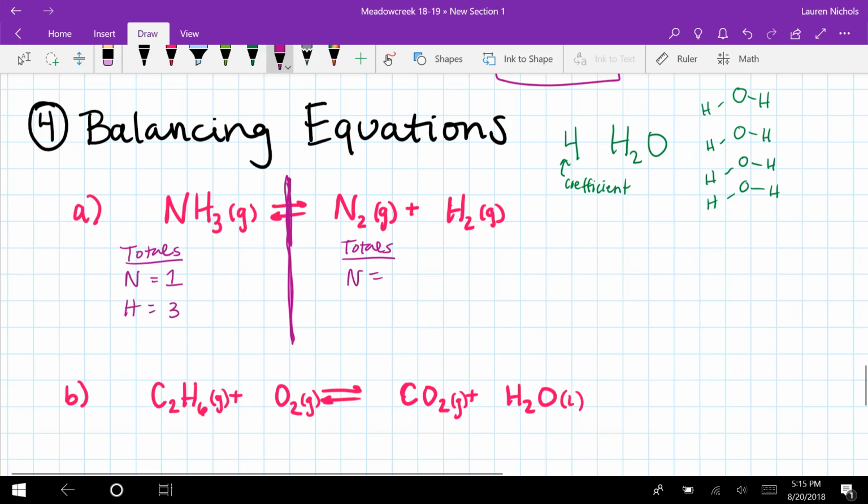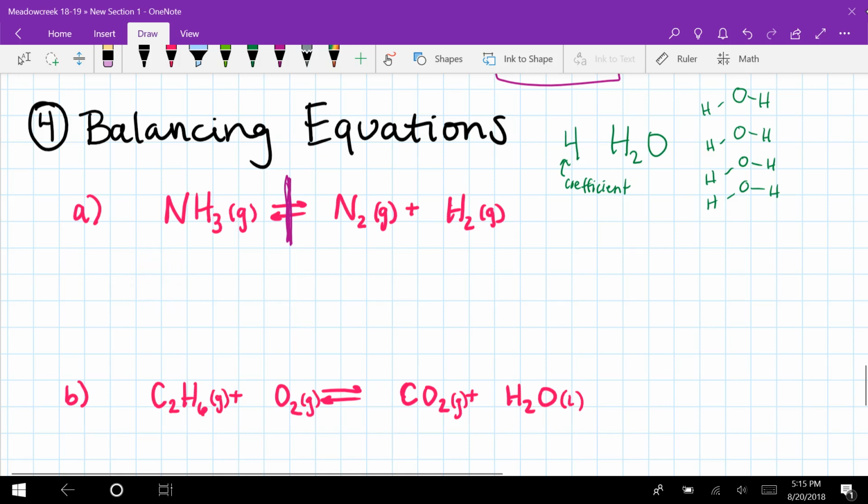Over here, nitrogen, they have 2, hydrogen, they have 2. And they keep it separate this way. I prefer the first route, and that's how I will be showing it in my videos and in class, but I wanted you to be aware that there is another way to write it down if you prefer this method. Okay, so let's go back.